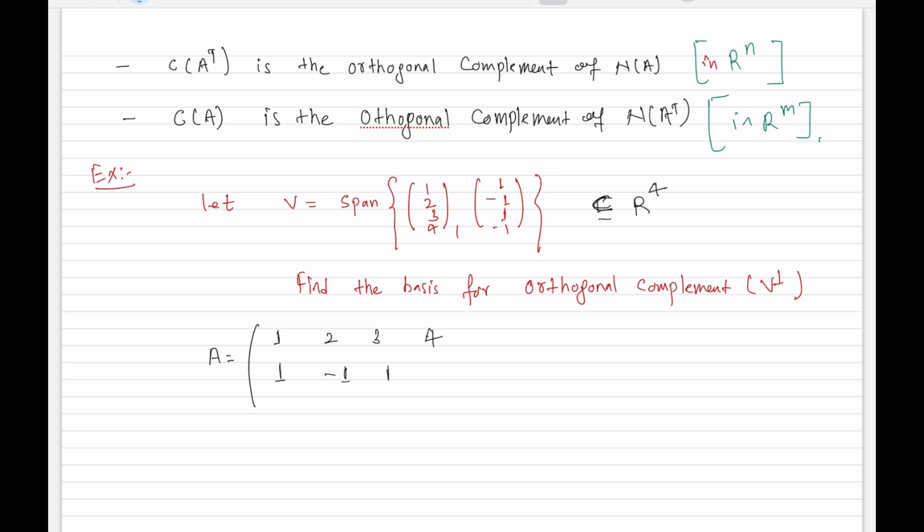So 1, minus 1, 1, 0. Now if I have to find the null space, if I have to find V perp, right? Here the vector space V will be the row space.